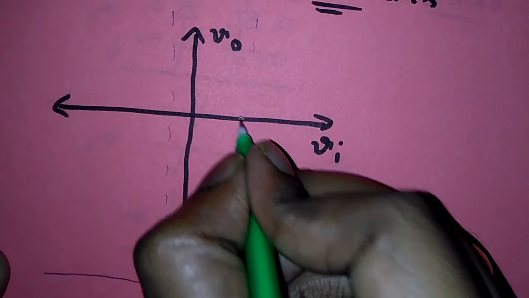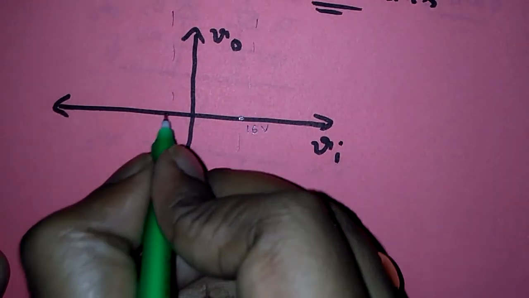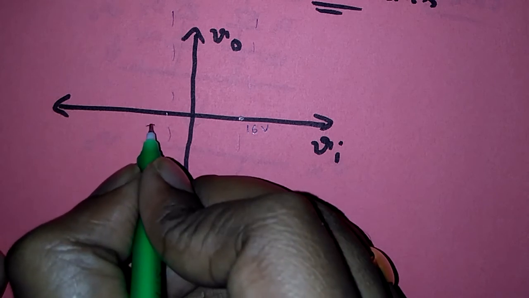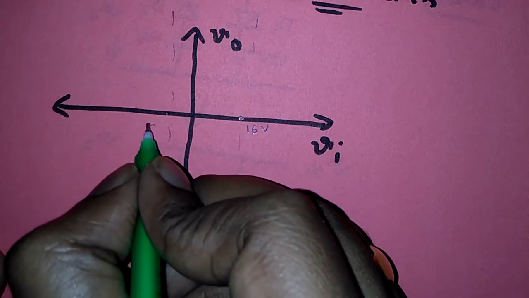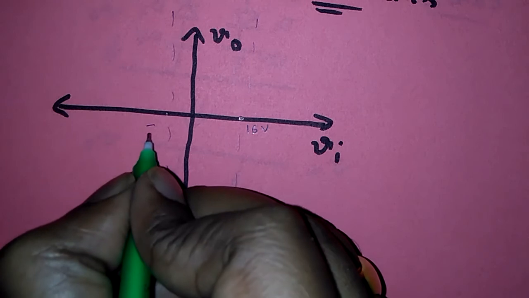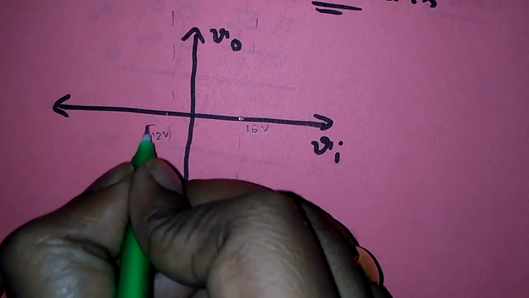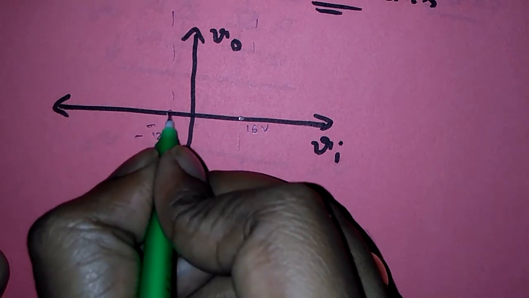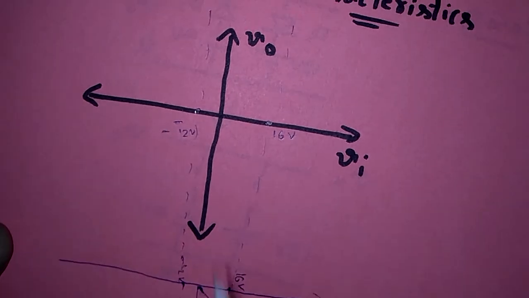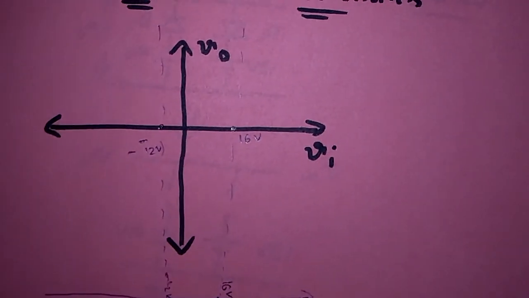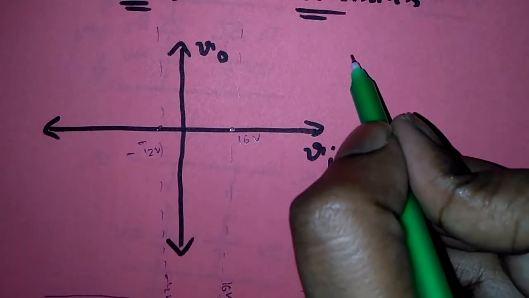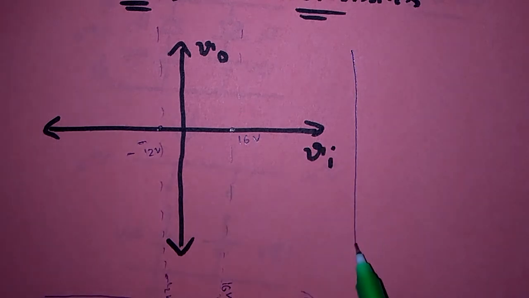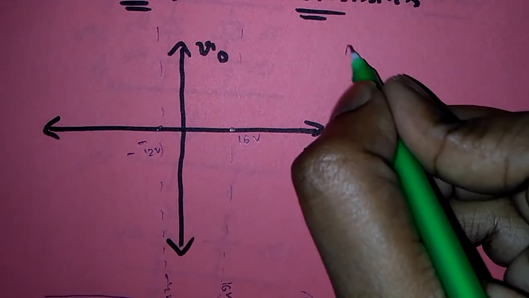One is plus 16 volts, another one is minus 12 volts, minus 12 volts at this point. After that, parallel to y-axis we have to plot the output waveform, which I am drawing here like this.